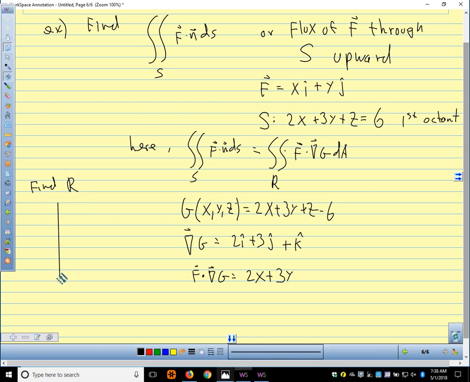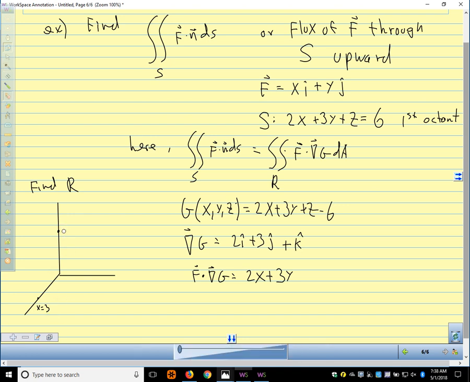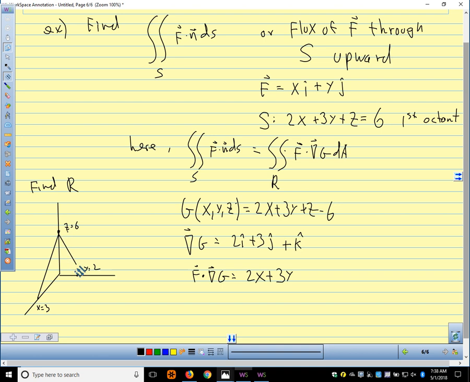Well, what is that surface? That's a plane. So we let x and y equal 0, let y and z equal 0, and we put our little points here. This is z equals 6. When the other two are 0, we get x equals 3, and we get y equals 2. And we connect those. That's the intersection of our plane in the first octant. So our region is here.